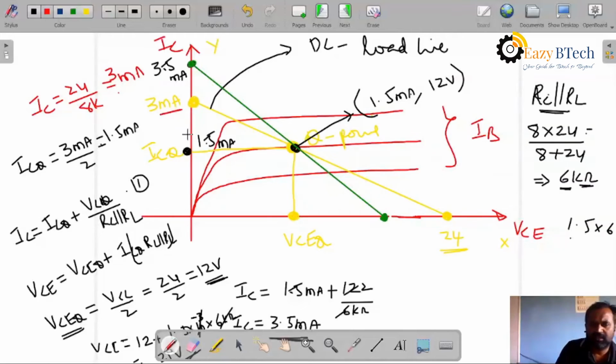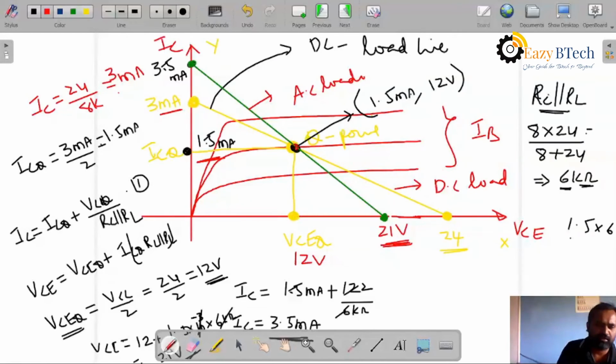Now this 3 milli, this is 21 volts. This is 12 volts, this is 1.5 milliampere. Now it is this line. The yellow line is the DC load line and the green line is the AC load line.